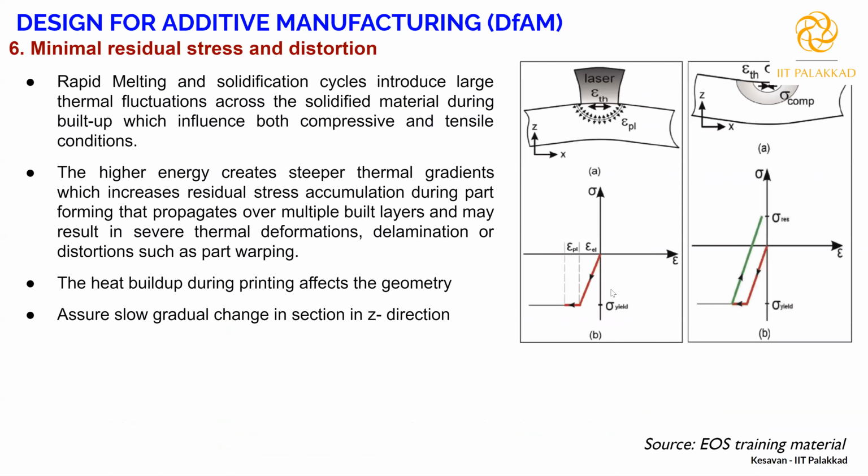For example, for every layer you are melting on the surface, and there is uneven expansion and contraction. What I mean is, one surface is fully in form of liquid, and on the other surface it is solid.